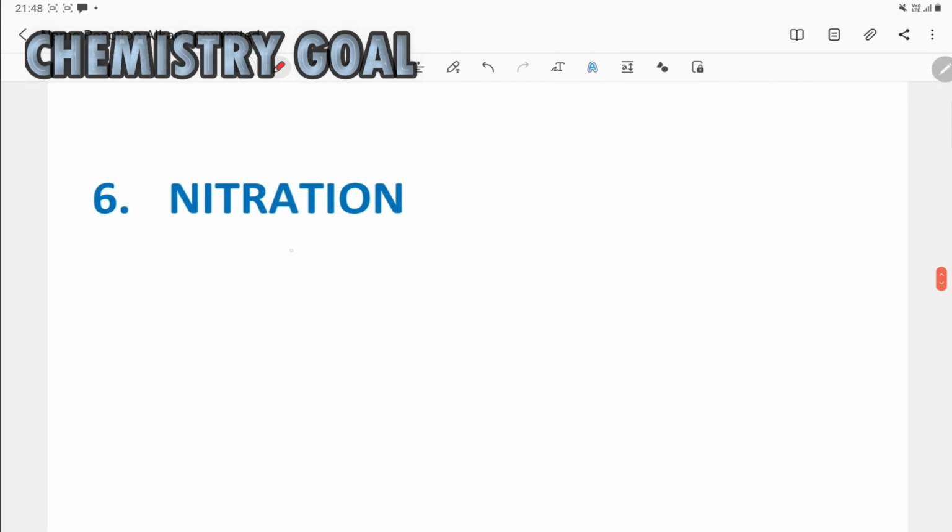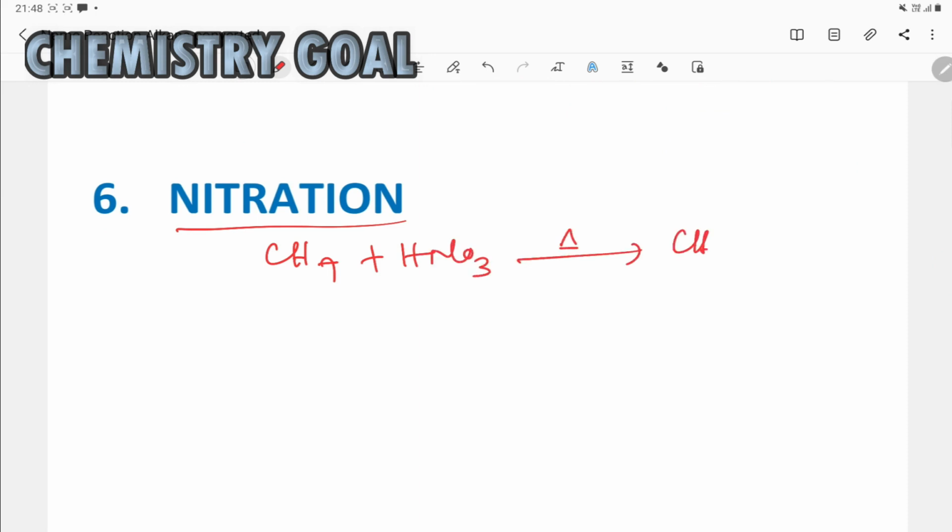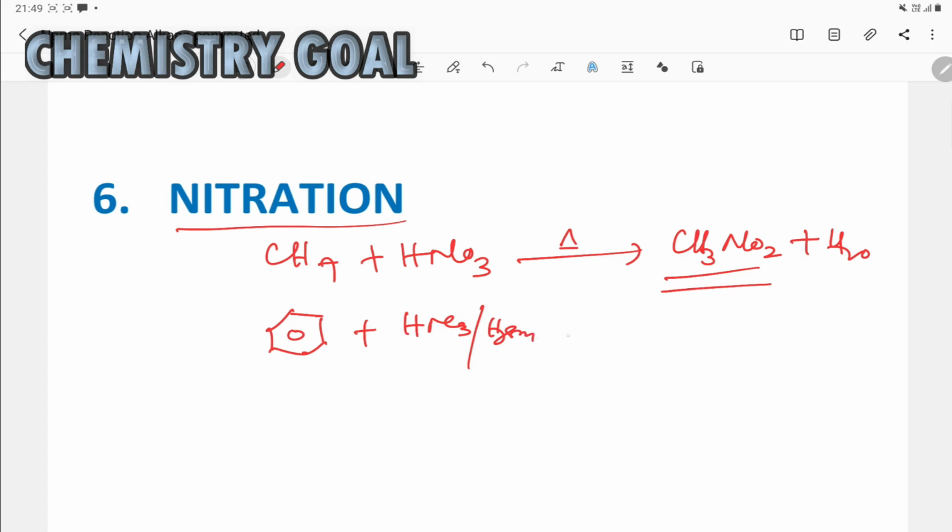Nitration, same. Nitration generally takes place when your alkane reacts with concentrated nitric acid on heating, and the result is nitroalkane. Methane reacts like this, but if you take an aromatic compound, nitration takes place in the presence of nitric acid and sulfuric acid, and the result is nitrobenzene.